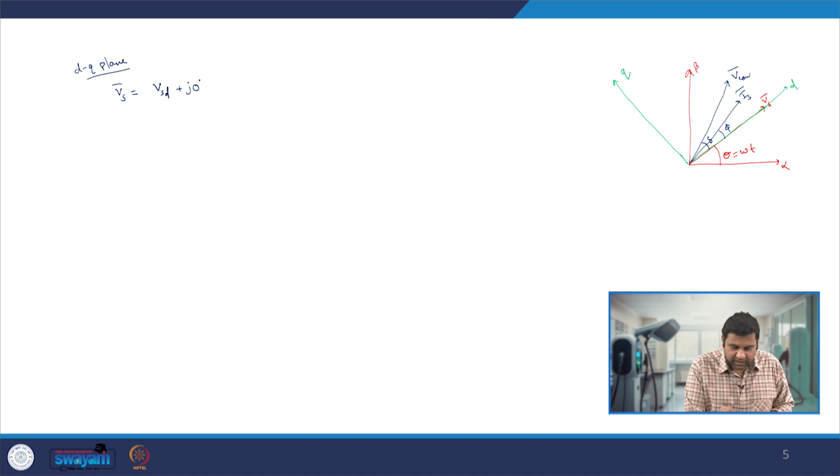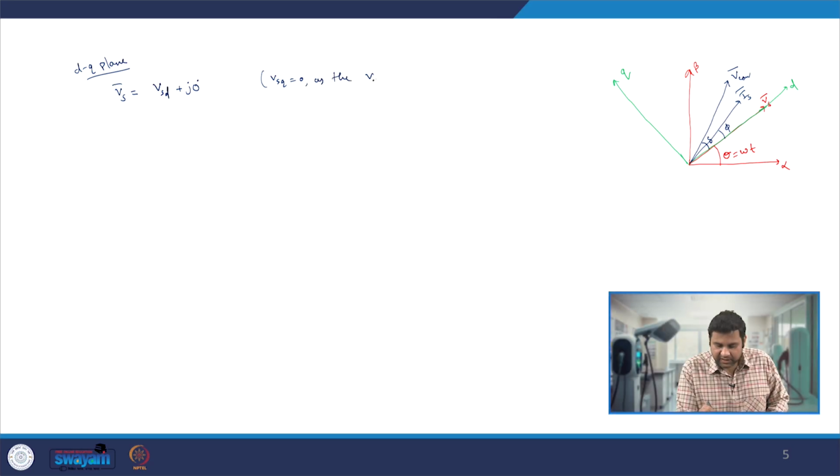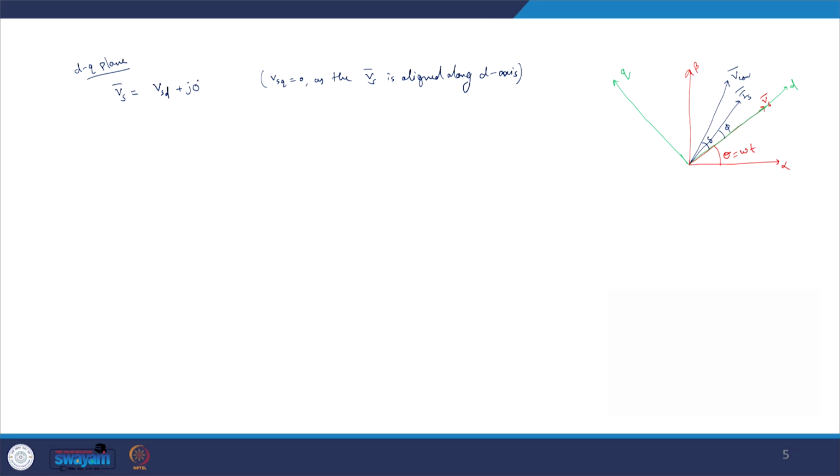So, there is no Vsq component because our Vsq component is equal to 0. Why can I say the q component is 0? As the Vs space vector is aligned along the d axis. During operation, we will ensure that this d axis is aligned along the space vector Vs. Now, let us write the Vs space vector in polar form.